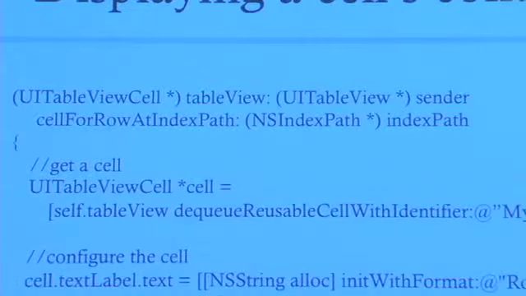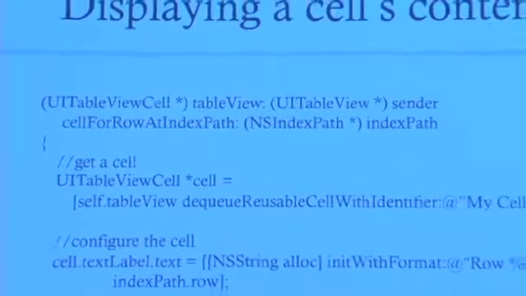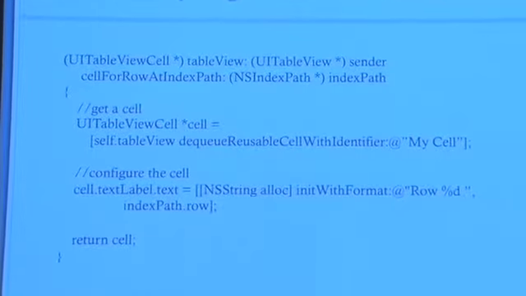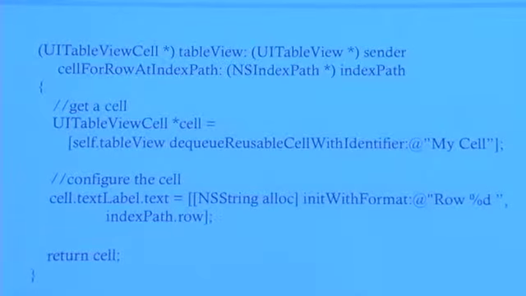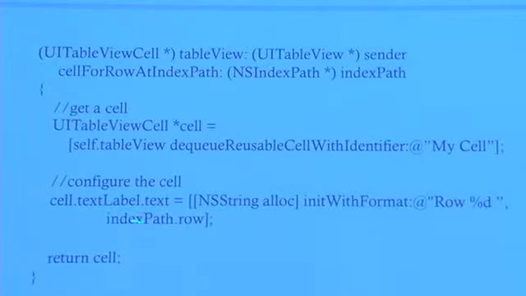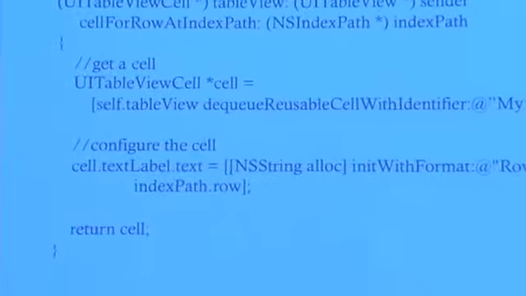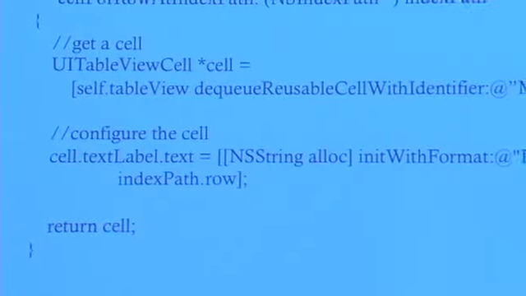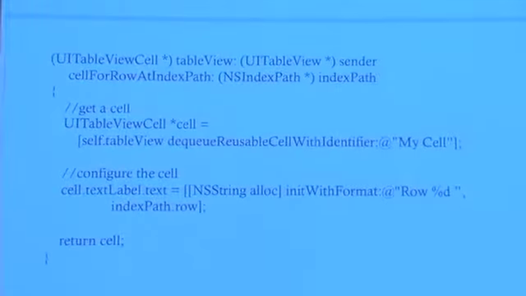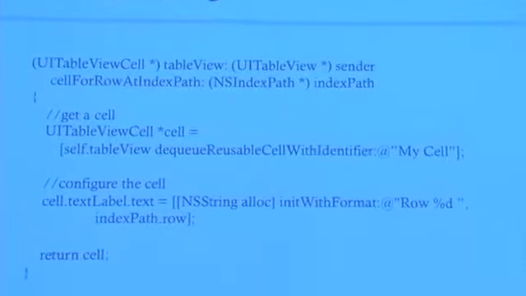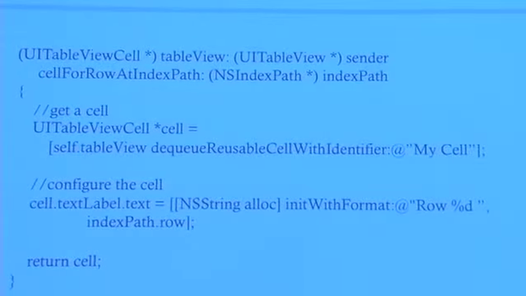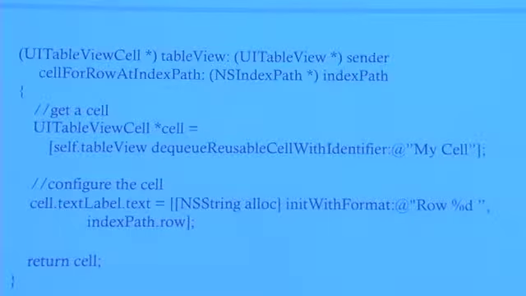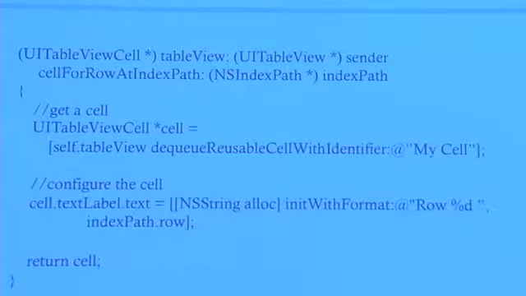It's an NSIndexPath object, and that has 2 NSInteger properties, one of which is section and the other of which is row. So to get the row, it's just indexPath.row, and to get the section, it would be indexPath.section. And after you've got the cell configured, you return it, and that's how you're going to display the cell that goes in that row.